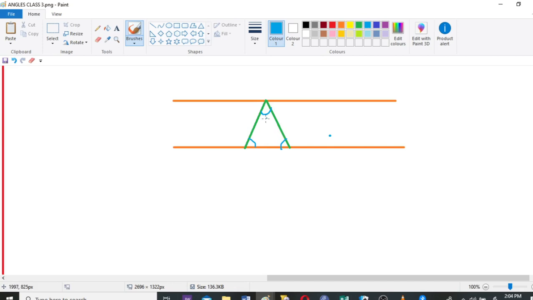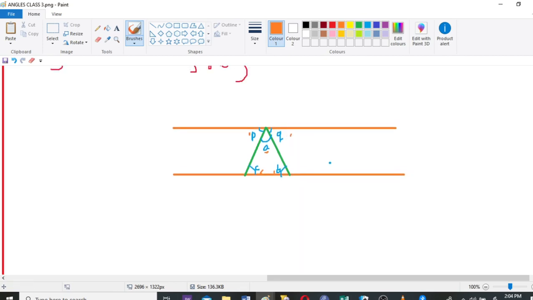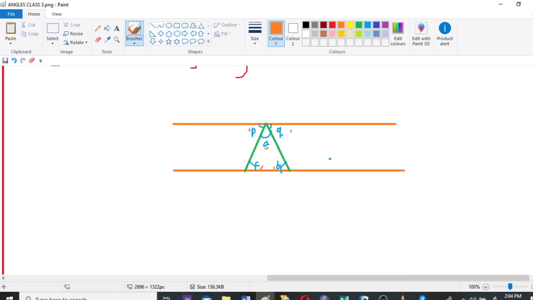Now let's name this angle to be angle A, this one to be angle B, this one to be angle C. Now let's name this one to be angle P, and this one to be angle Q. So we have the three interior angles inside a triangle, and then we also have these two and this Q. So we want to find out why the interior angles of a triangle add up to 180.